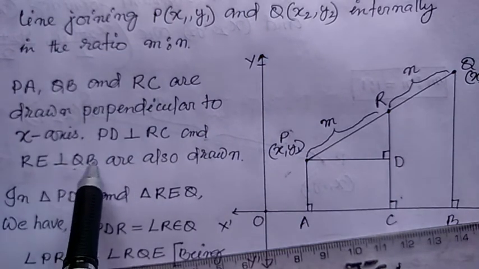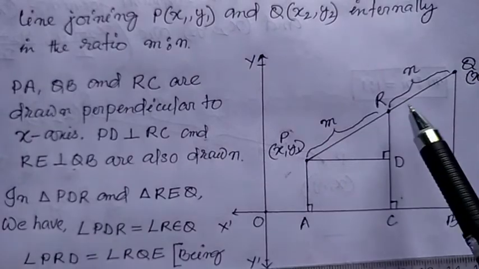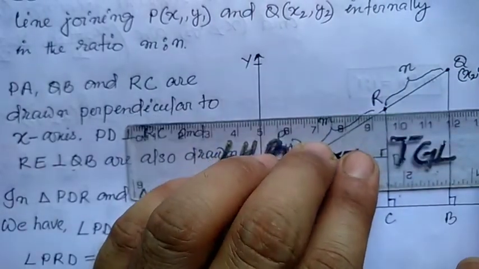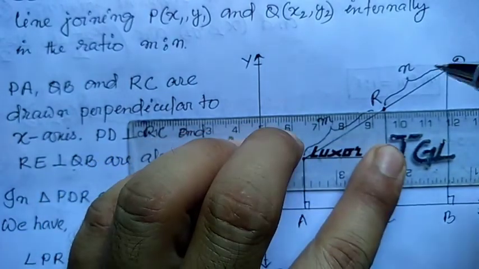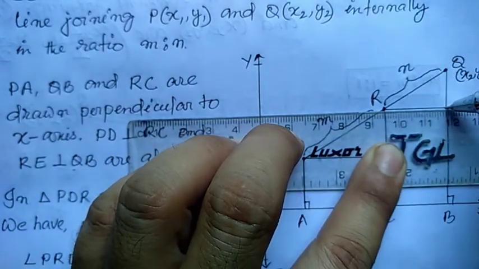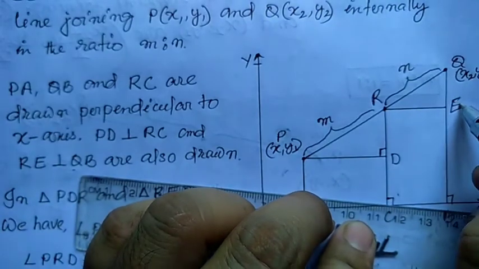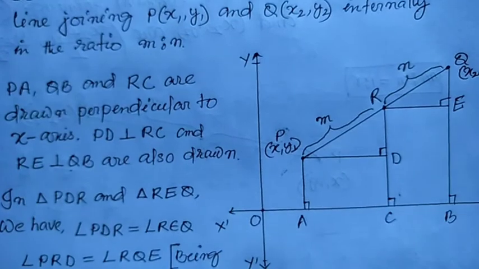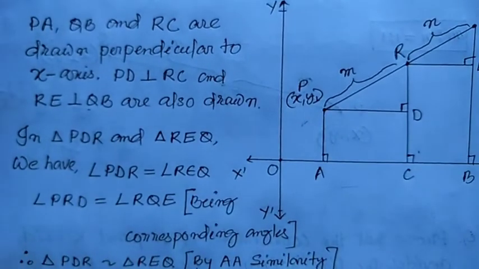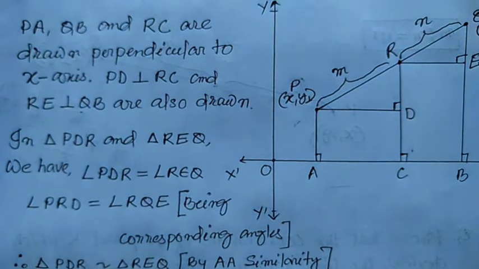Here we have QB and here we have R, so we start from R. There is point E. This is also perpendicular. Then we get two right triangles here. You can see we have two right triangles.